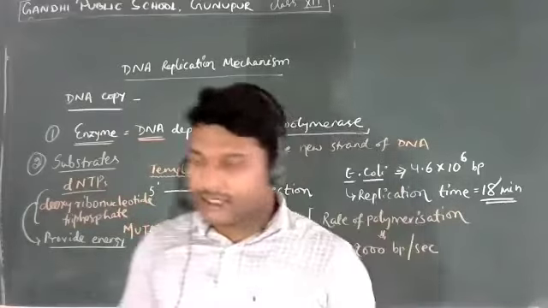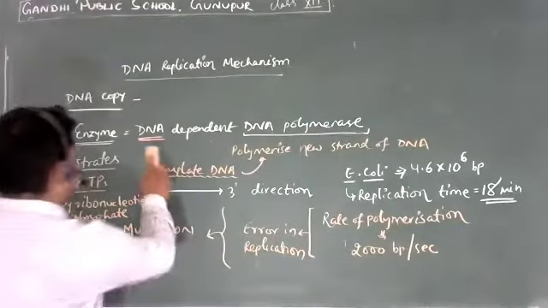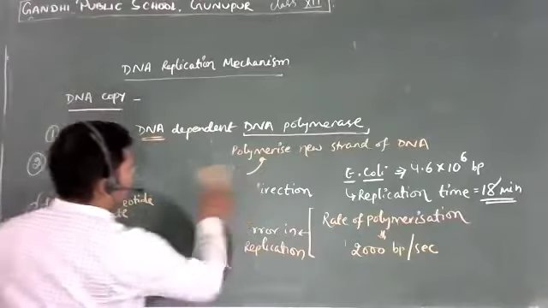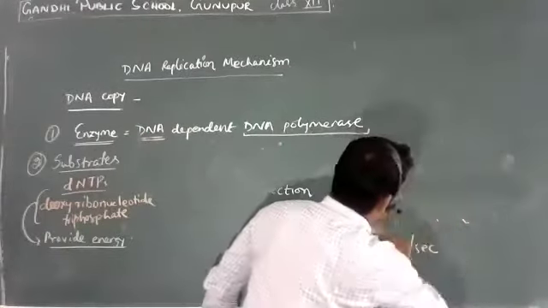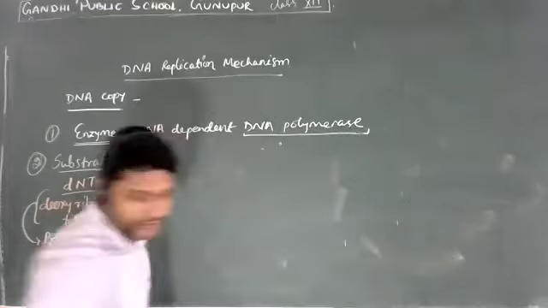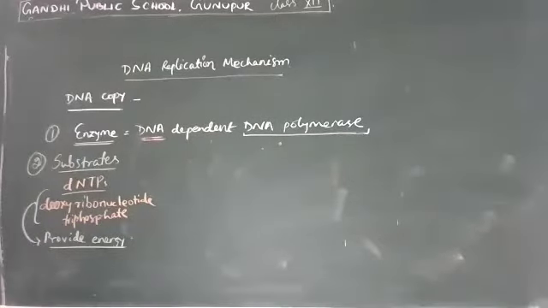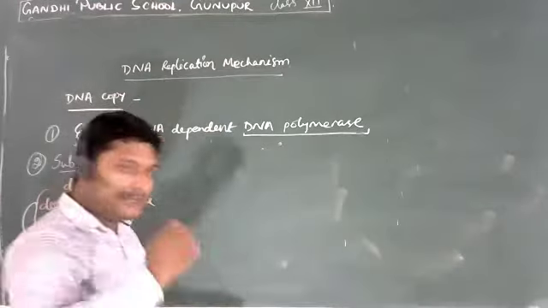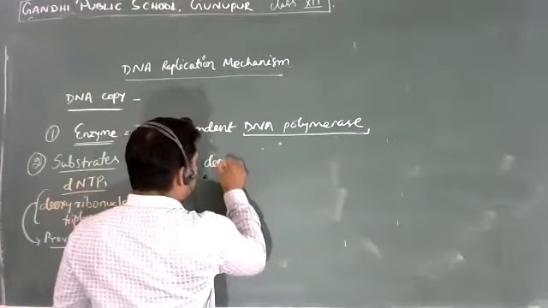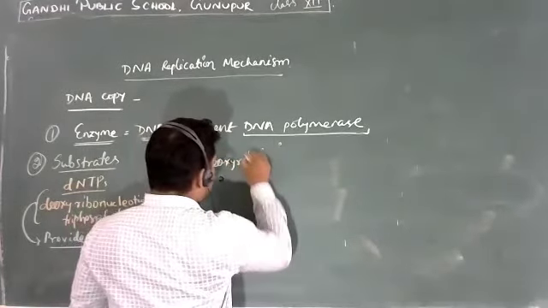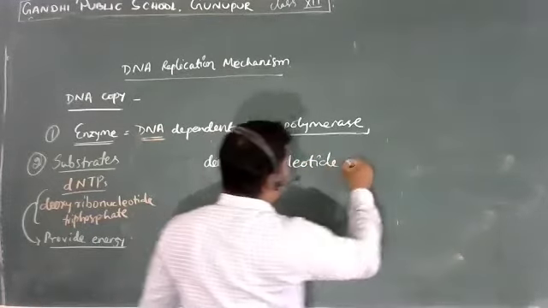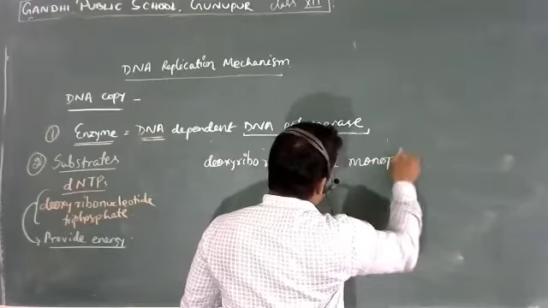Now let us understand how it is actually going to work here. So let me remove this part. What we actually have in the nucleus is deoxyribonucleotide monophosphate.